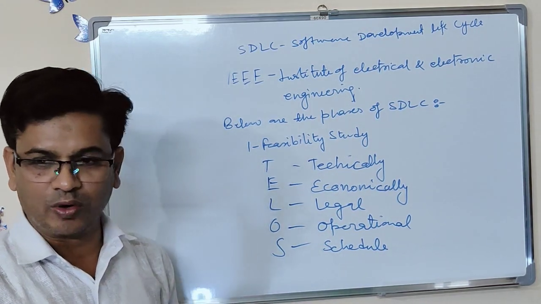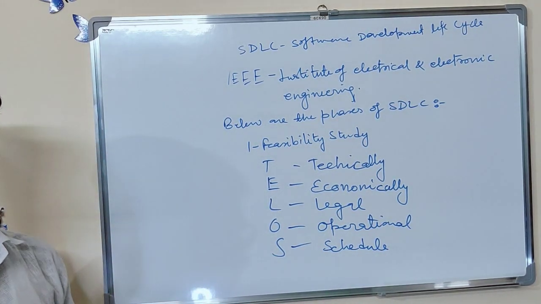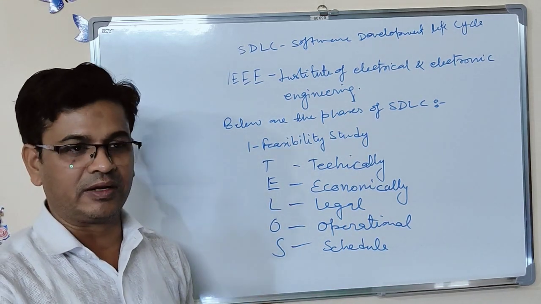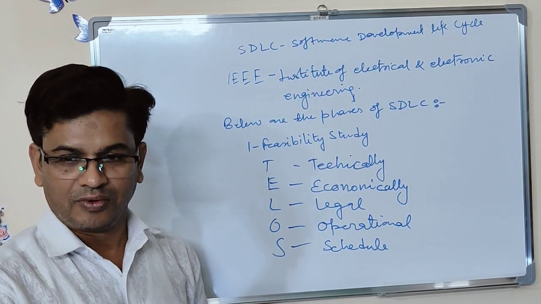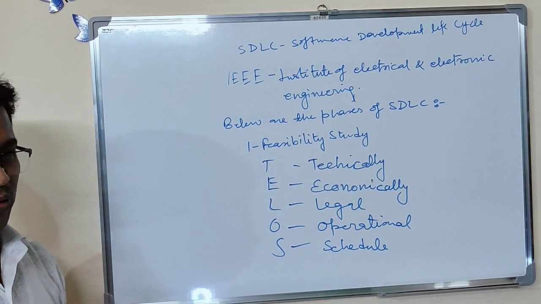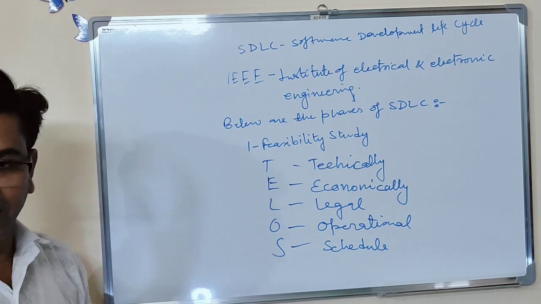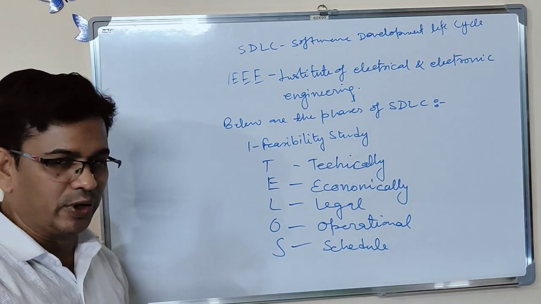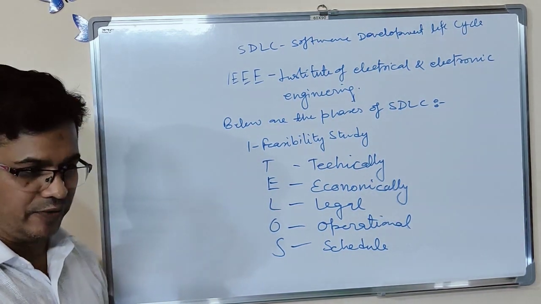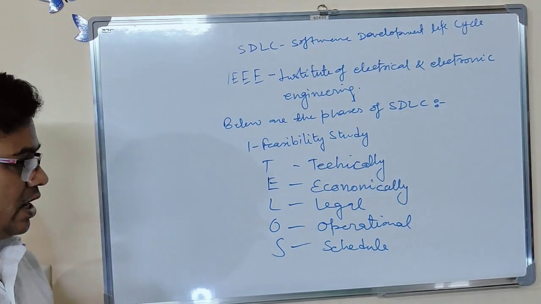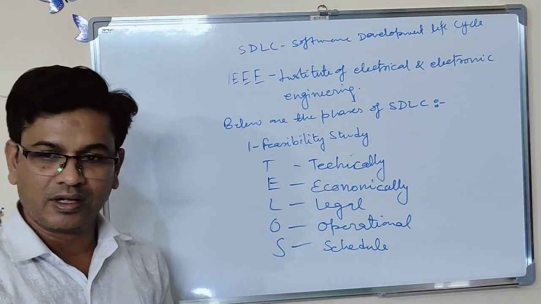If the client is looking to get this software within 1 year, and after the feasibility study the BA team thinks it's not possible to complete within 1 year, then from a schedule point of view, we need to ask for some more time. So schedule is again very important.